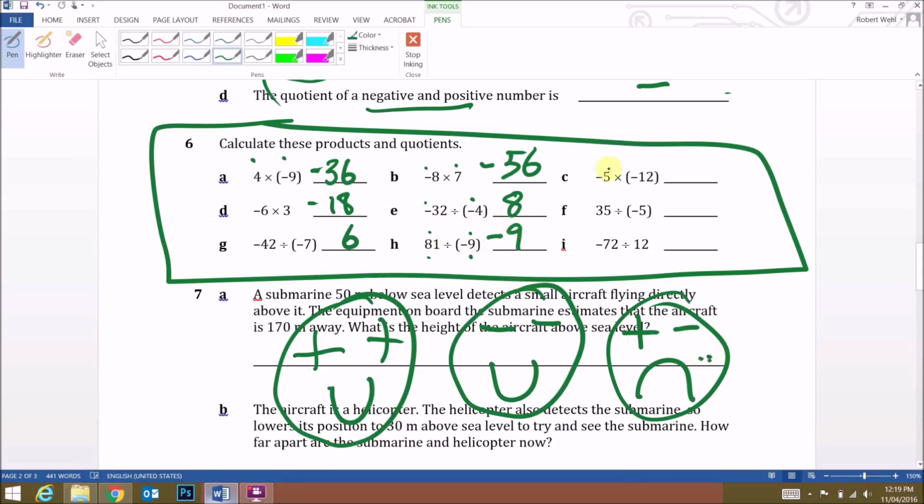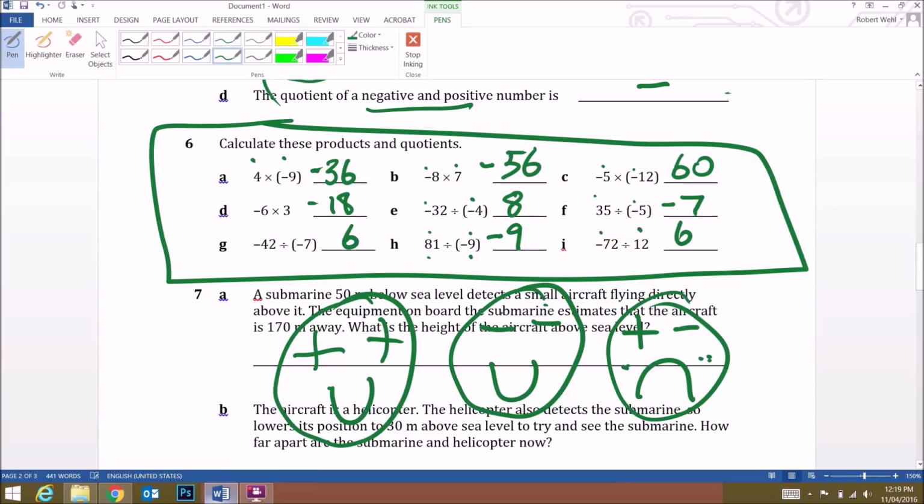Means it's a negative. 5 times 12 is 60. We have two negatives. That's this guy. And he's a positive, so it stays positive. 35 divided by 5 is 7. There's one of each. That's this guy again. It's a negative. 72 divided by 12 is 6.